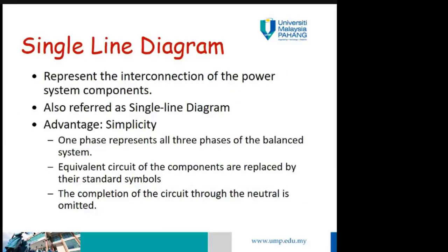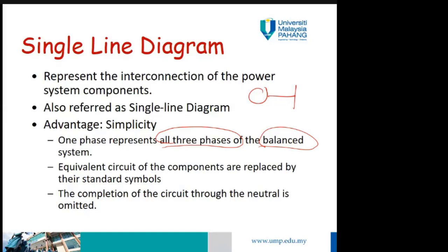Now, what is the advantage of using single line diagram? Okay, so single line diagram has some advantages. All three phases of the balanced system are represented by using only one line. Only one line, one generator.